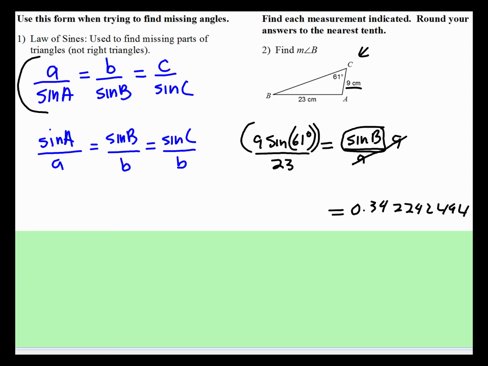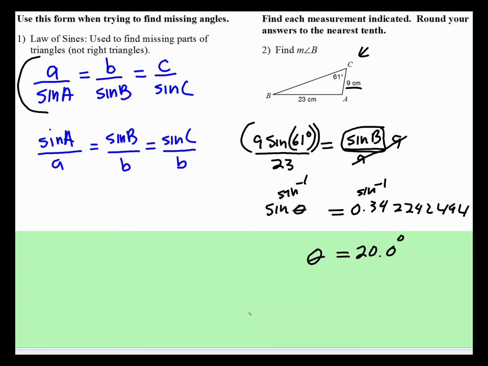and then hit second store on your calculator, enter again, and look at that, we take the arc sine of both sides, which is what we just did when we hit the second button. We get theta is equal to about 20 degrees, because the nearest tenth is there, so we could even write it like that.